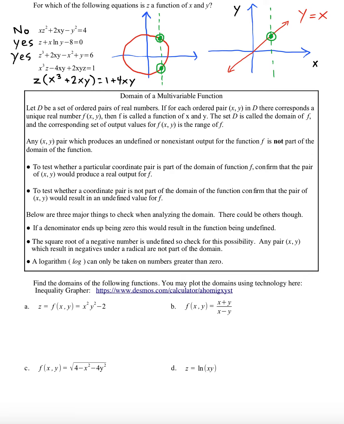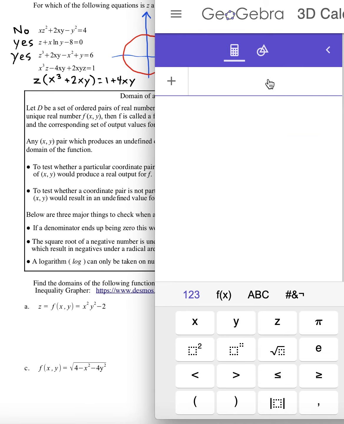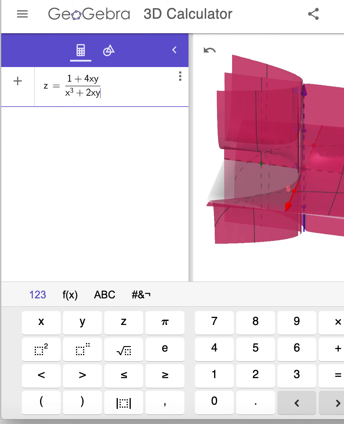Now we can divide. And we're going to have z equals 1 plus 4xy over x to the third plus 2xy. Let's see what it makes.